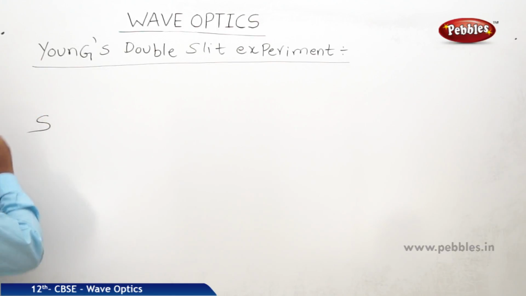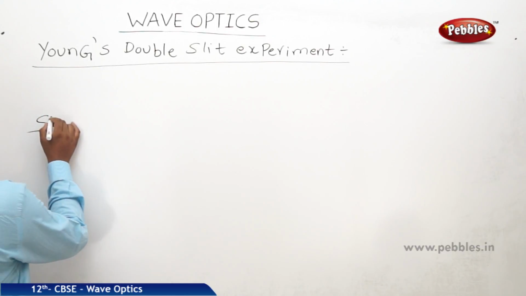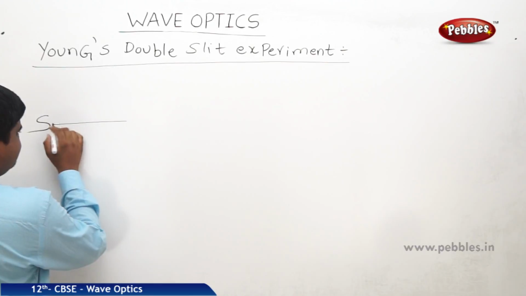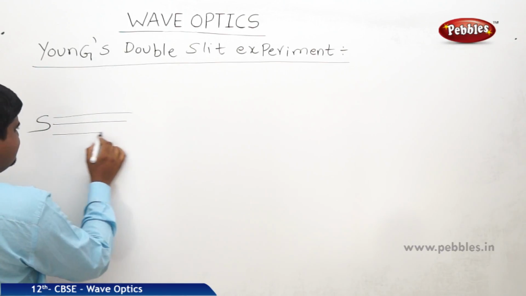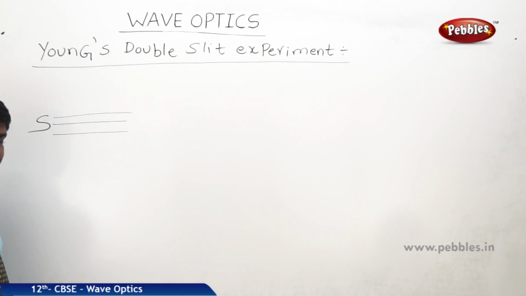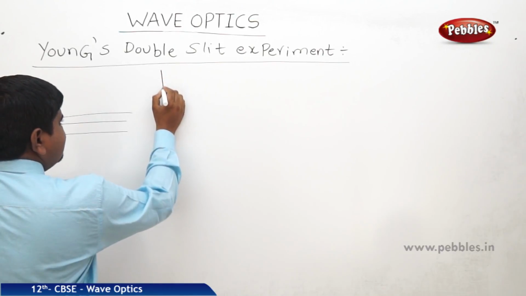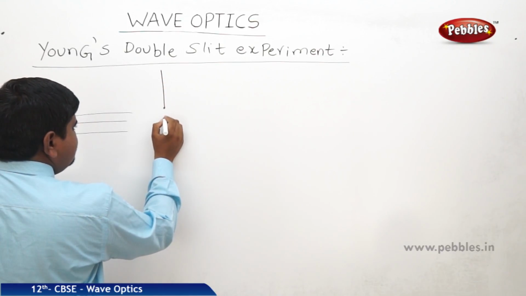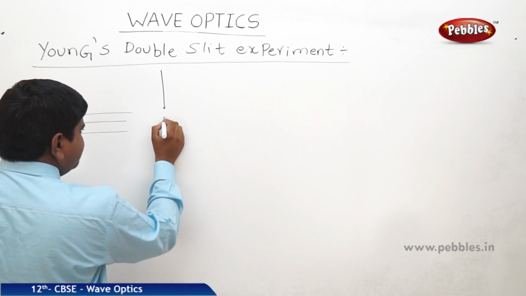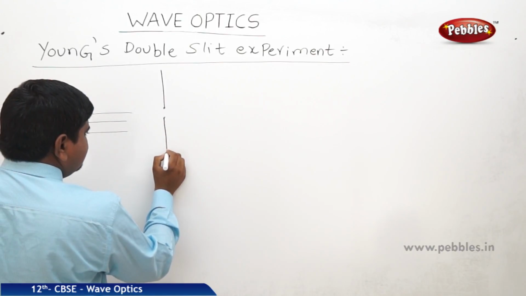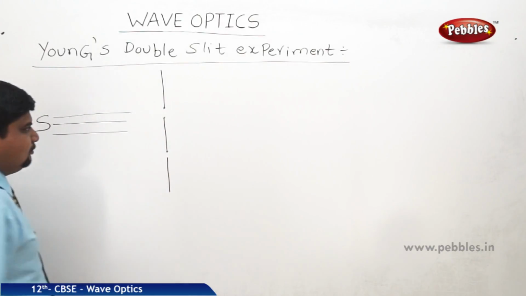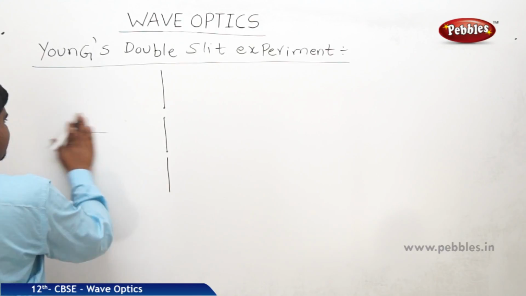From this, light is coming like this in multiple directions, and there are two slits in front of it. So source we can write in the middle.